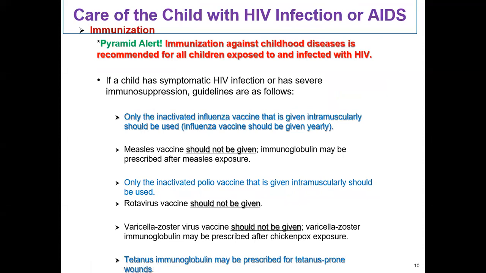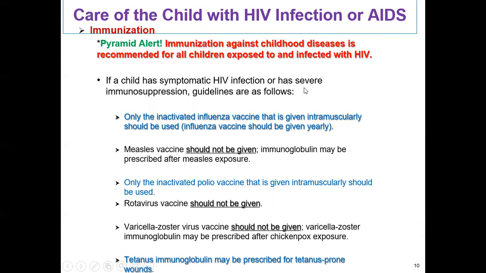So what else? What about the immunization? If pediatric patients or children are diagnosed with HIV, immunization against childhood disease is recommended for all children exposed to and infected with HIV.